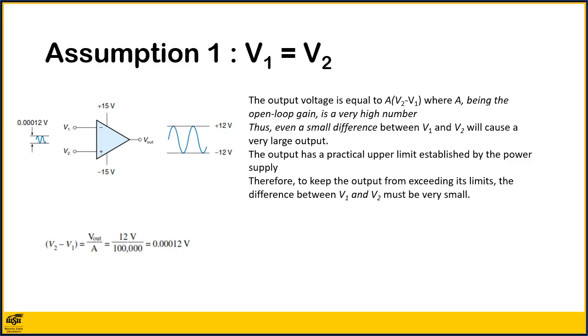Rearranging gives us V2 minus V1 equals Vout over A, being 0.00012 volts. So we see that to keep the amplifier operating linearly with the output within its bounds, the difference between V2 and V1 must be less than 0.00012 volts, which is a very small voltage. Hence, we say that V1 is virtually the same as V2.